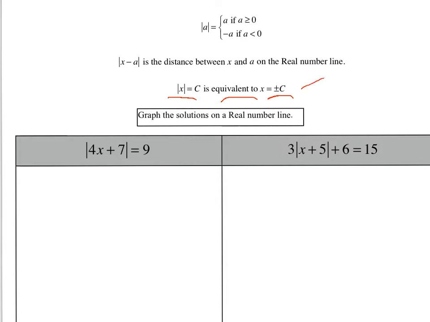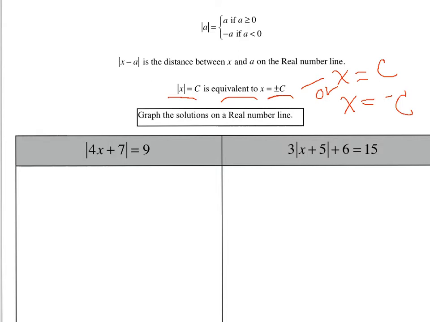And so that's, remember, just two equations, either x is equal to c or x is equal to the opposite of c. So those are the two equations that you would solve in order to solve an absolute value equation of this type. And the connecting word there is or. x can be one or the other. It cannot be both of those at the same time.